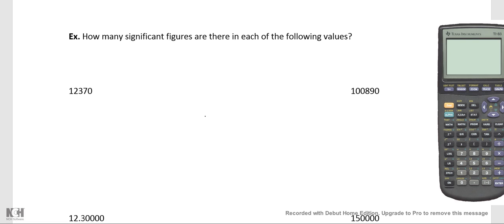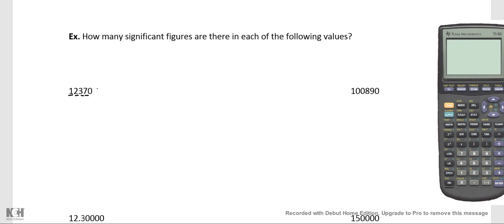So let's look and find the number of significant figures in each of the following values. Number 12,370. Any non-zero number is a significant digit, so the 1, the 2, the 3, and the 7 automatically are significant digits. The zeros are significant if they're between two other significant digits or if they're after a decimal. This 0 is neither of those things.